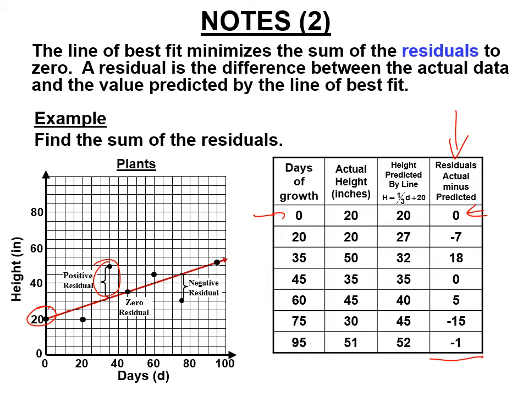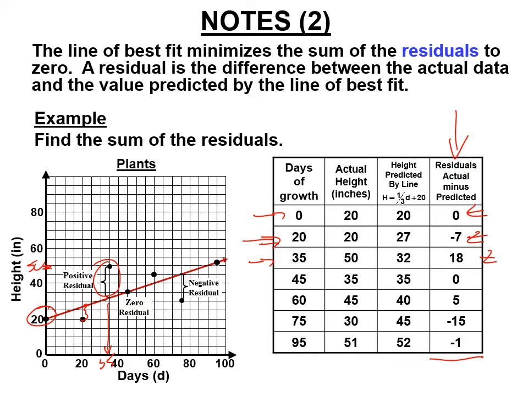Then we have this one at 20, 20, that's the second one, and it's 7 below the line. And so it has a negative residual. Then the next one here is right there. That's 35 and 50. And that has a positive residual of 18.